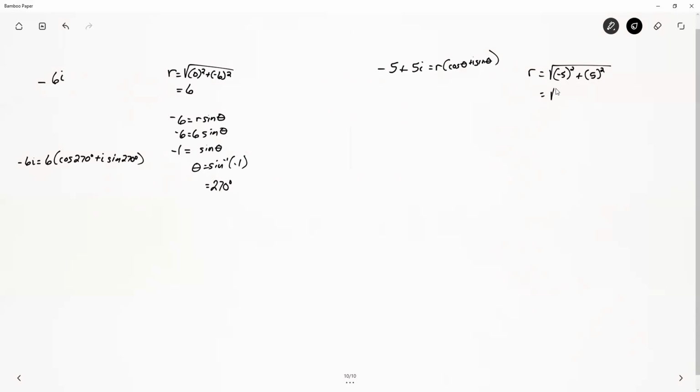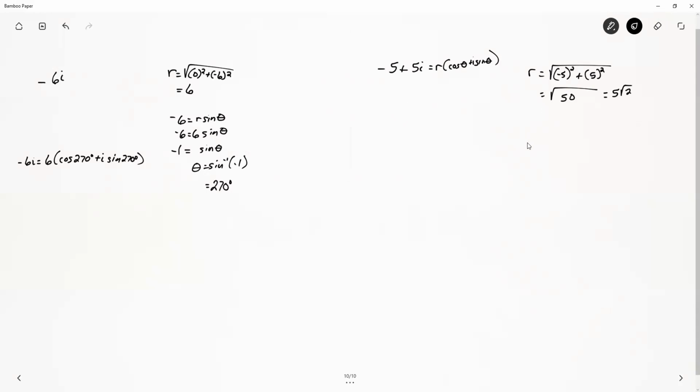That gives me the square root of 25 plus 25, which is 50, which gives me 5 square roots of 2. Because the square root of 50 is the square root of 2 times the square root of 25, which is 5. So r is equal to 5 square roots of 2.